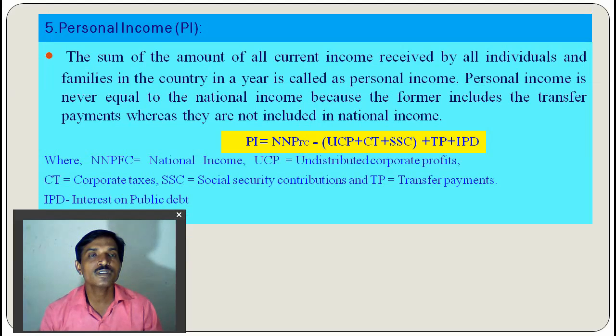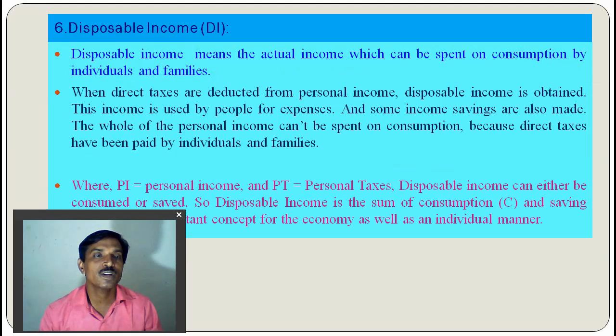The next concept is disposable income. What is disposable income? Disposable income is the actual income which can be spent on consumption by individuals and families. Persons receive income from various sources within the year, which is the personal income.